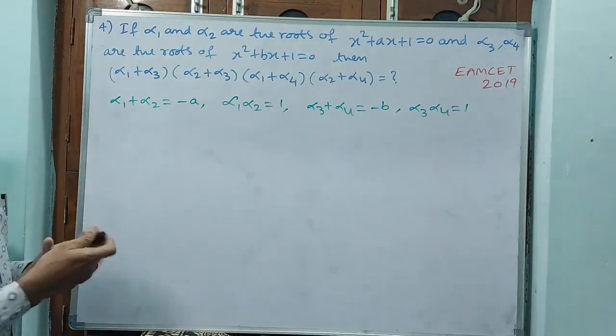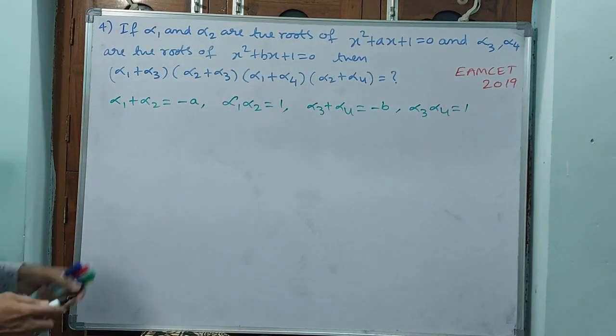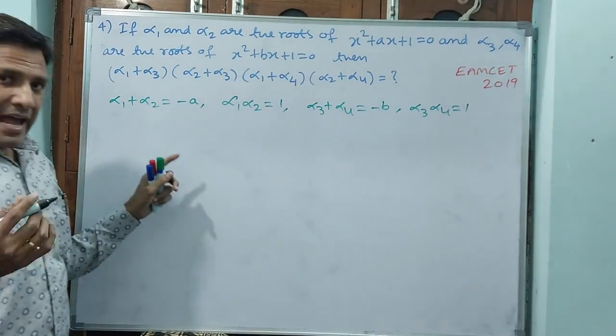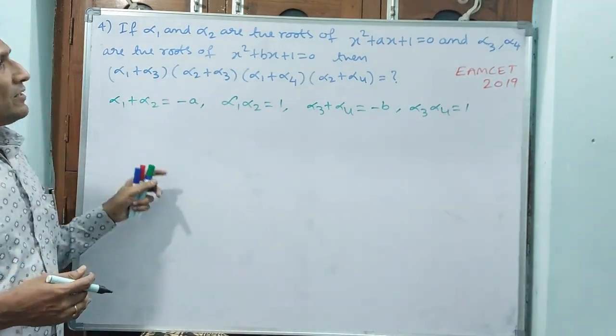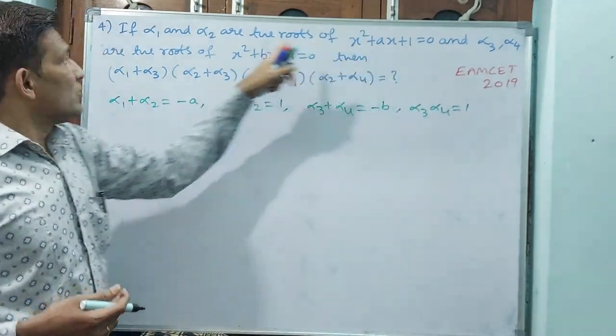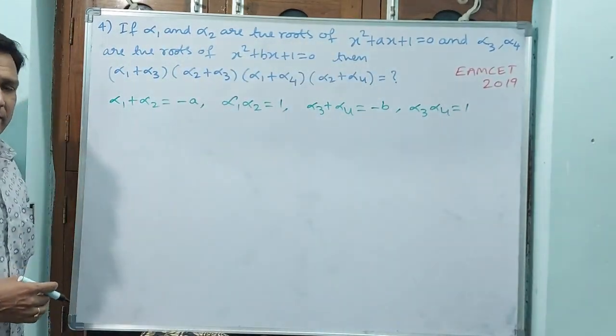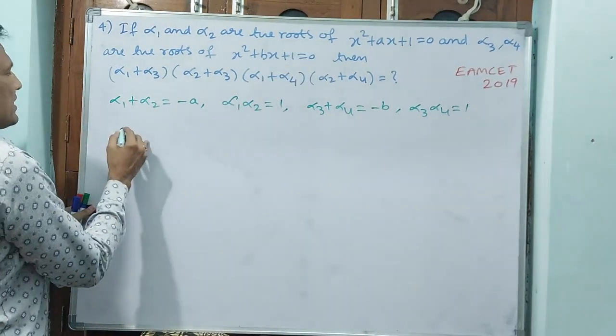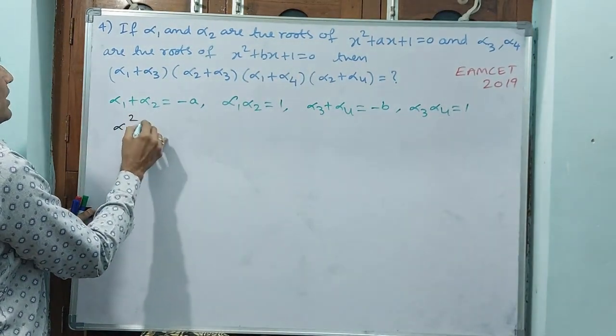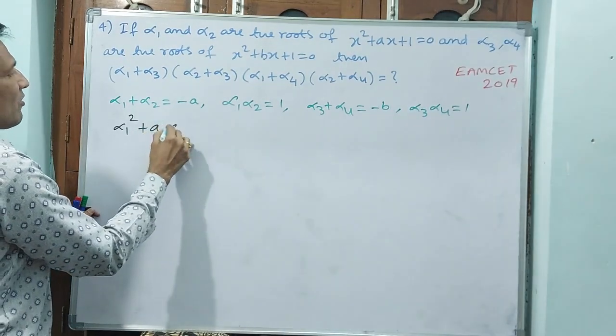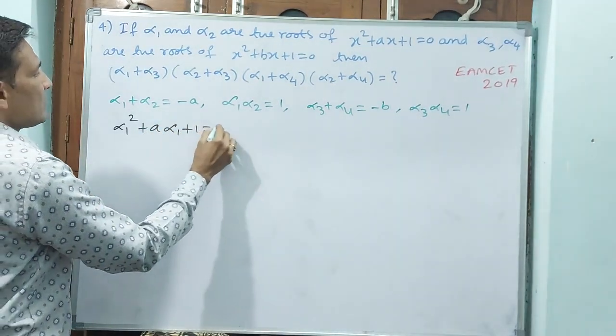Now, as we have done earlier, since two roots are there, we can substitute one root one time and another root another time. Definitely we can do it. You see what I am writing? Alpha 1 square plus a into alpha 1 plus 1 equal to 0.